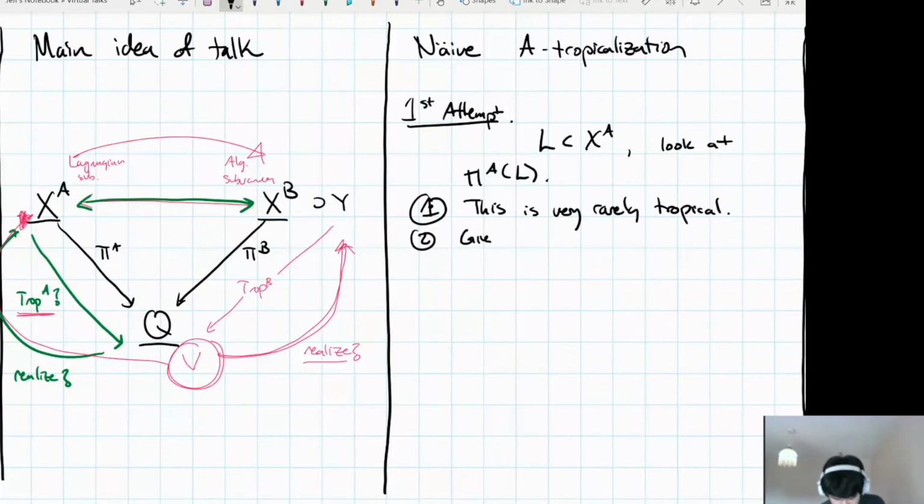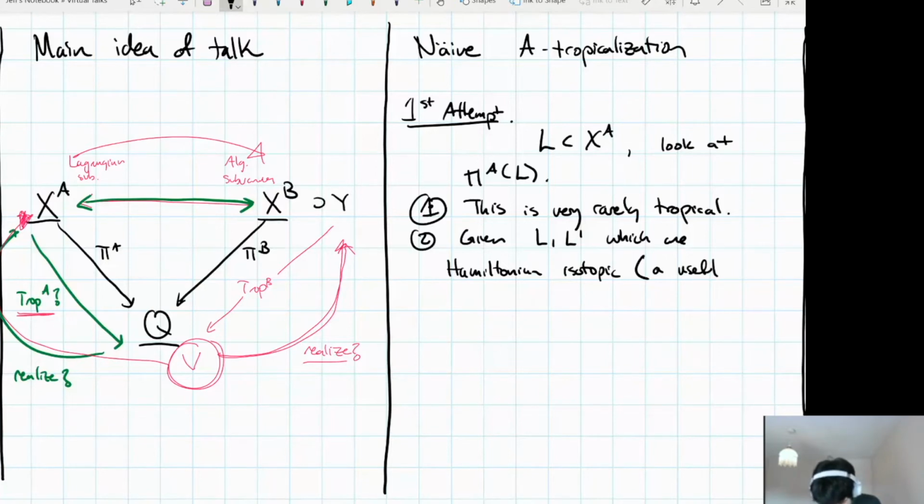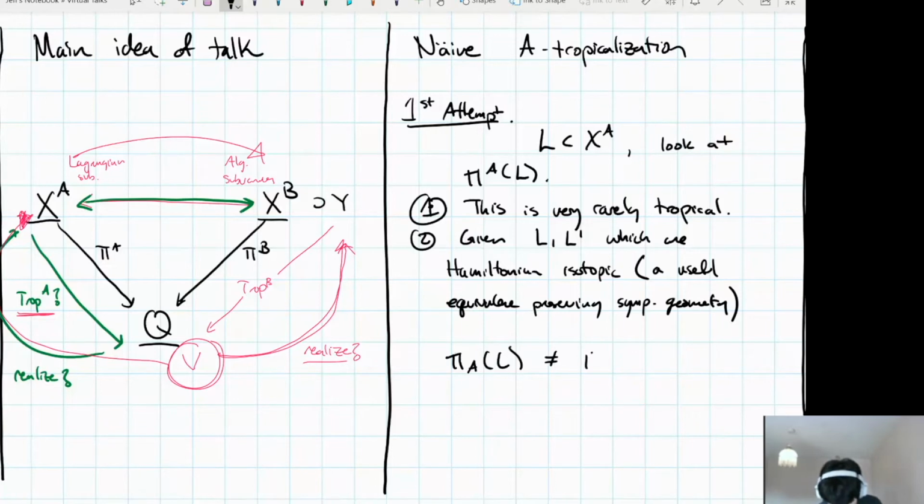Also, given L and L prime, which are Hamiltonian isotopic, which is a useful equivalence preserving symplectic geometry, pi A of L is not equal to pi A of L prime.